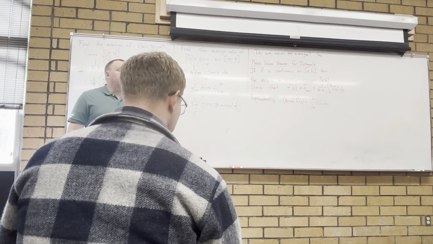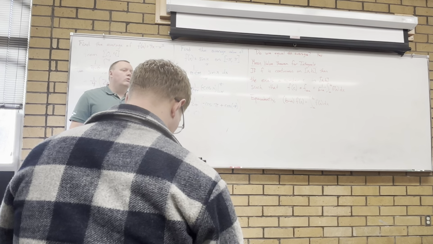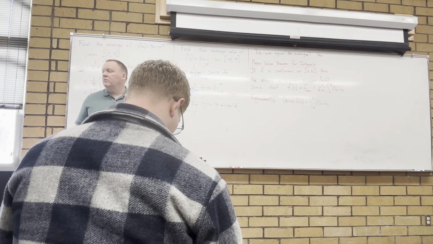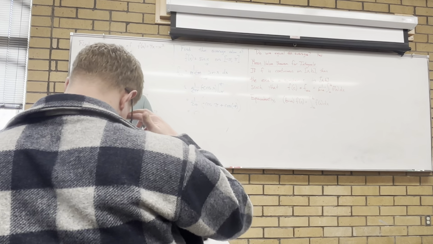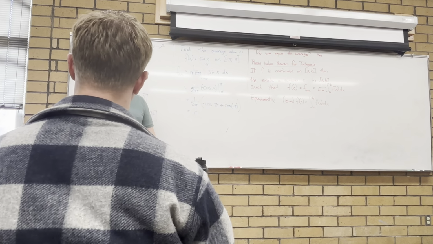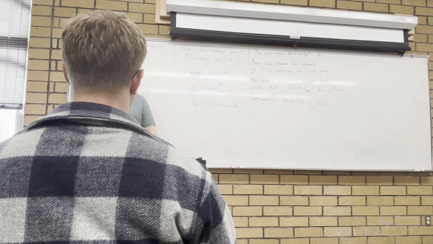Now, if you remember from Calc 1, we had a mean value theorem for derivatives as well, where there's some value c, again, we use that sort of notation. F prime of c was equal to the slope of the secant line between the two endpoints. Okay?